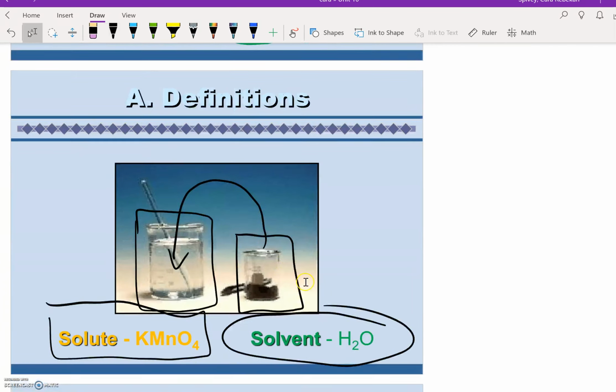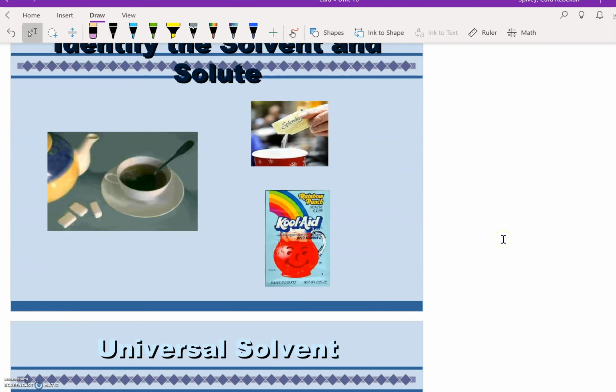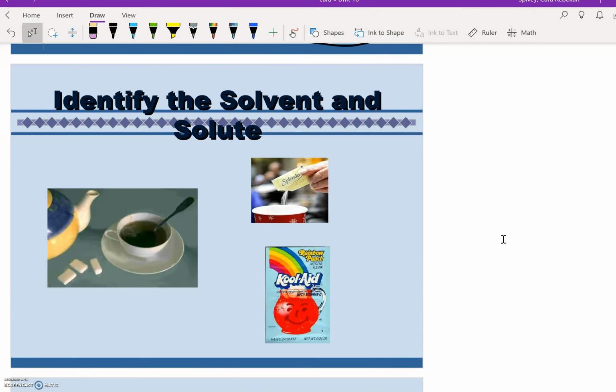So super easy. Let's just go ahead and identify a few things from this slide. If we take a look at this one on the left, we see that we have some sugar as well as some tea. Which one of these would be the solvent? Hopefully you thought the tea, because it is the one that's going to dissolve the sugar. So the sugar would be the solute.